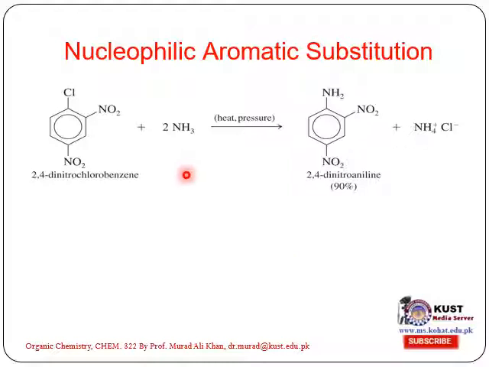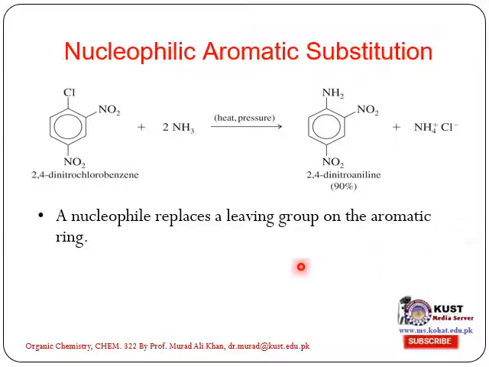Nucleophilic aromatic substitution. Look into this reaction. It's possible that the amine will replace the chlorine, and we will get 2,4-dinitroaniline. A nucleophile replaces the leaving group on the aromatic ring.